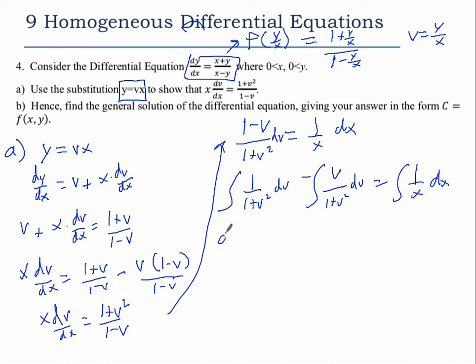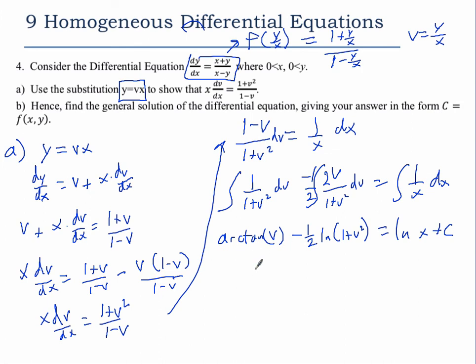Okay, so that's just arctan v. And this one, we can use substitution, or we could just make a 2 here, and then the derivative exists on the top, so I'll call this minus half times that. So that's minus half ln of 1 plus v squared equals ln x plus c.